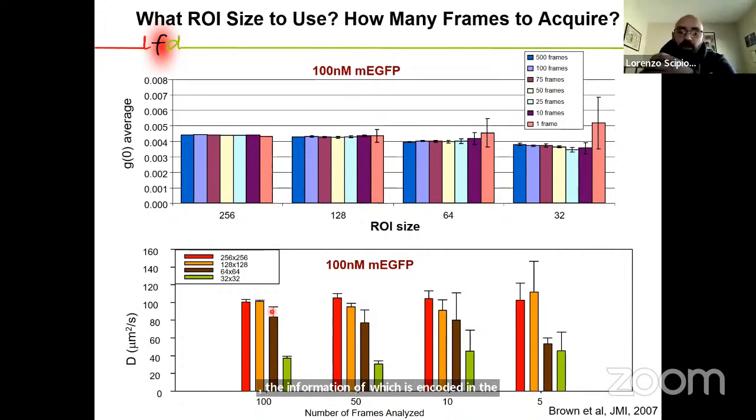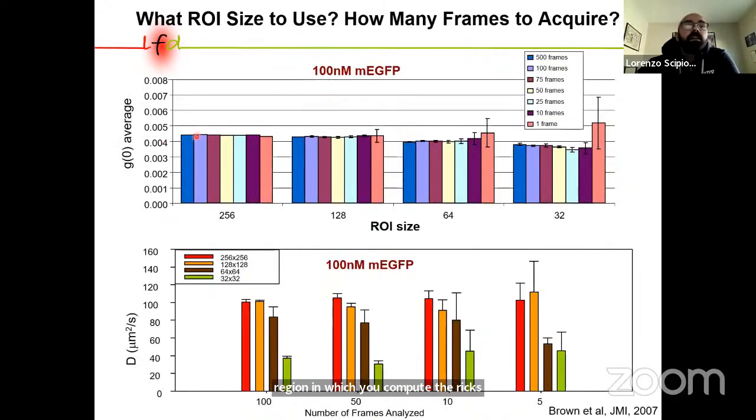And then it looks like you're having slower diffusion than it is. And if you go to 32 by 32, you're getting an even smaller and definitely not realistic diffusion coefficient. So it is very important to check the size of the region in which you compute RICS.